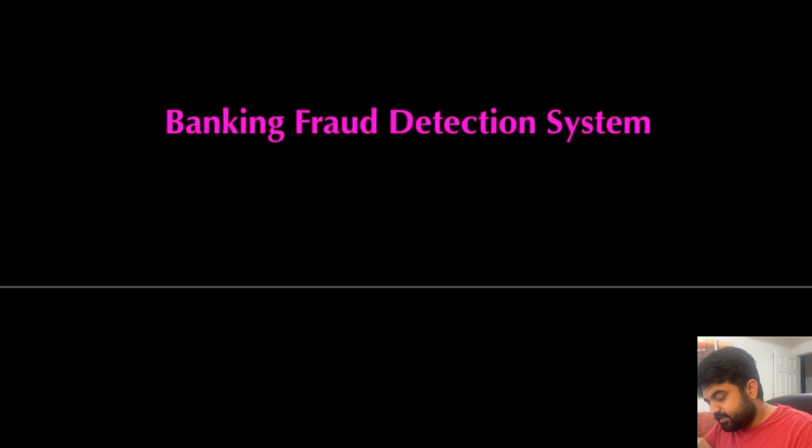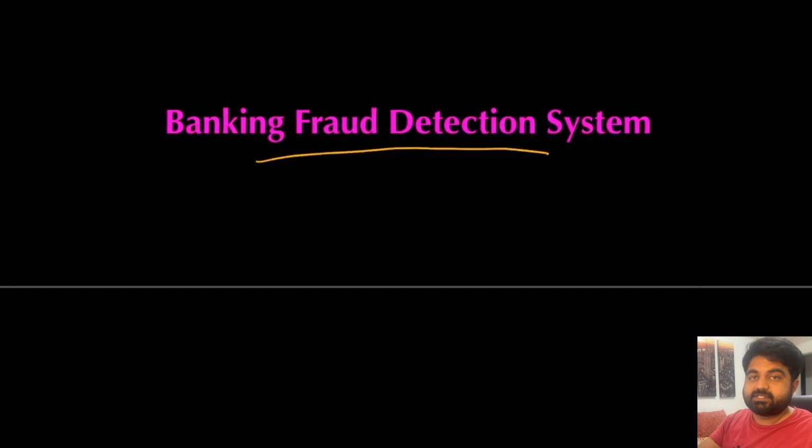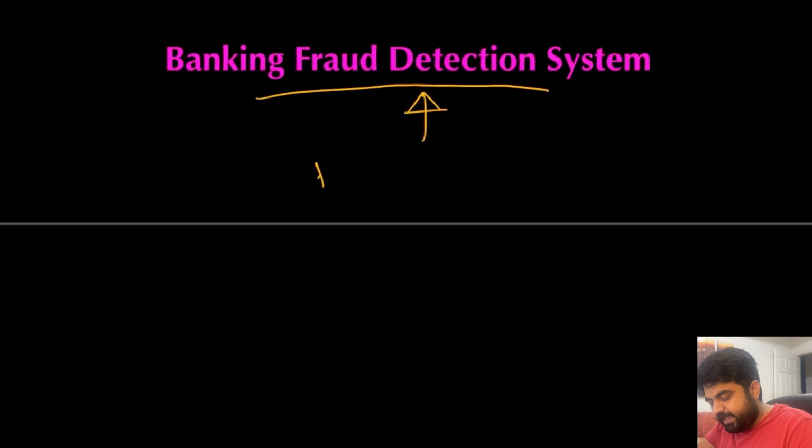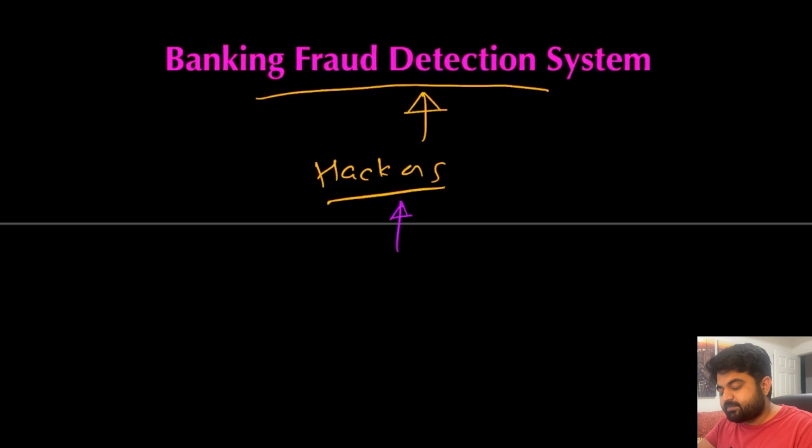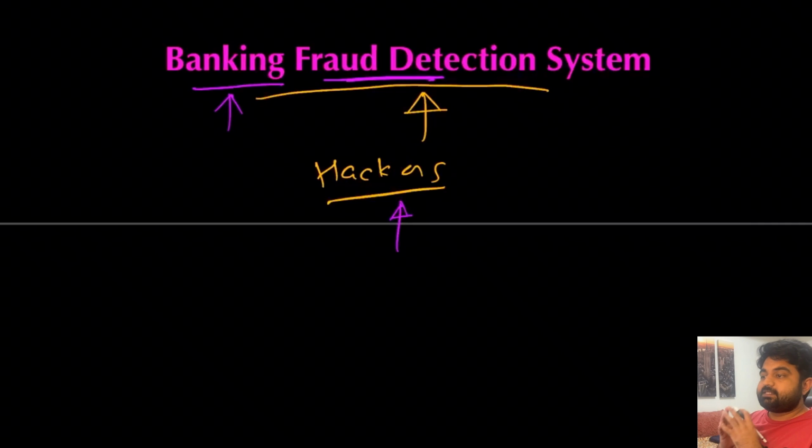So the next one on our list is actually the banking fraud detection system. A very important piece of information, because with the increase of hackers, they are always trying to break into people's networks, people's credit card accounts, people's domains. So most of the popular banks have created their own fraud detection system, and this is usually an anomaly detection system.